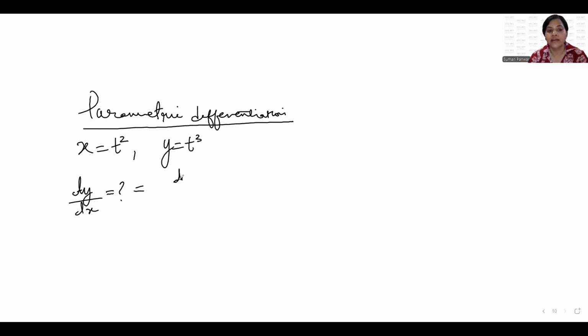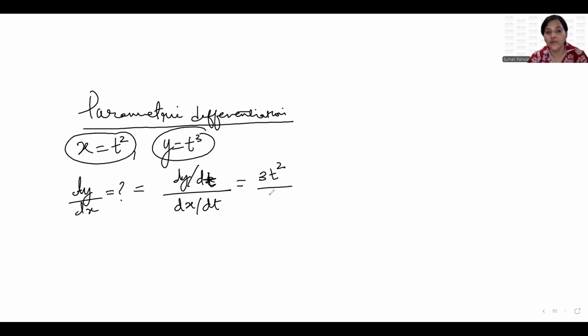That will be dy by dt, because y is explained in terms of t, divided by dx by dt. Now what is dy by dt? By power rule 3t square. And what is dx by dt? By power rule 2t. So this is 3t by 2.